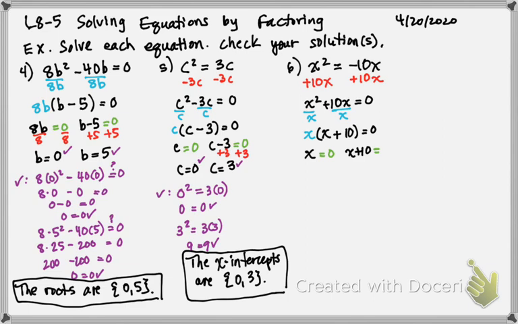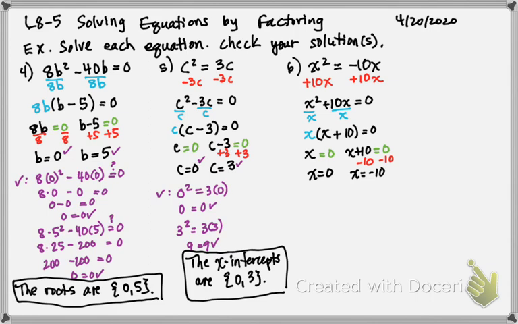Okay, so first one I'm already done, so I get x equals 0 as one solution, and then on the other guy, I'm going to do inverse. I'm going to subtract 10 from both sides, and I get x equals negative 10.